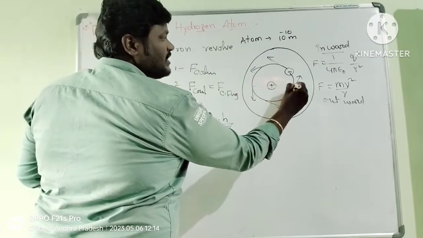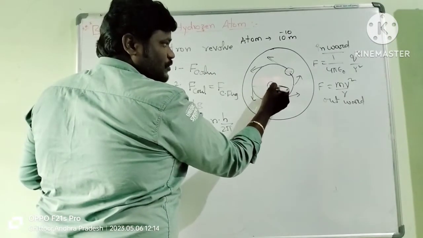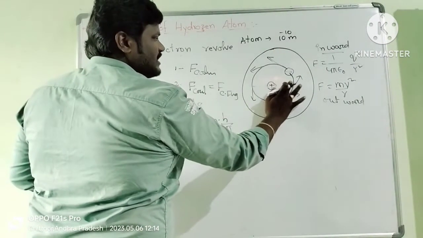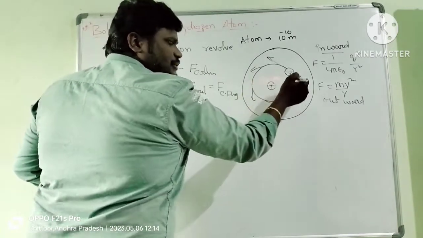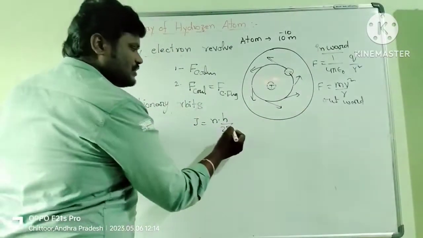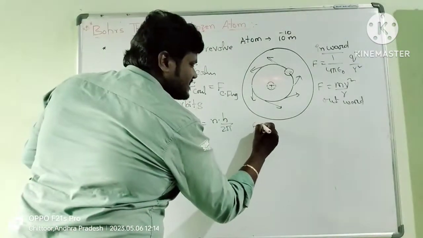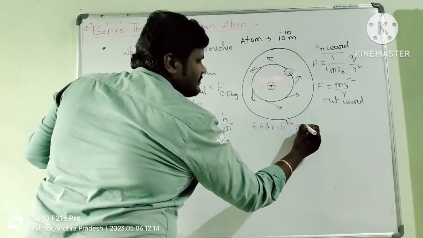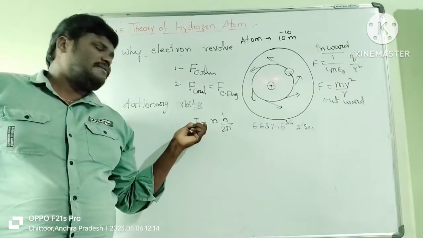From here to here is pi, and from here to here is another pi, so pi plus pi is 2 pi. It is in circular motion, so you can consider the first half as pi and the second half as pi. That's why 2 pi, and h is Planck's constant, which is 6.63 into 10 to the power of minus 34 joule seconds. So this is the angular momentum.